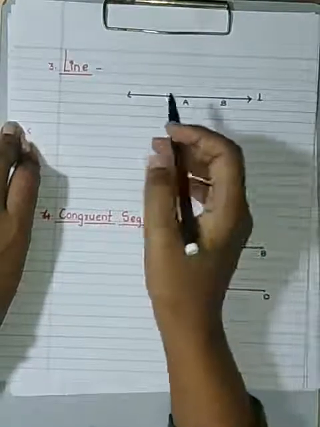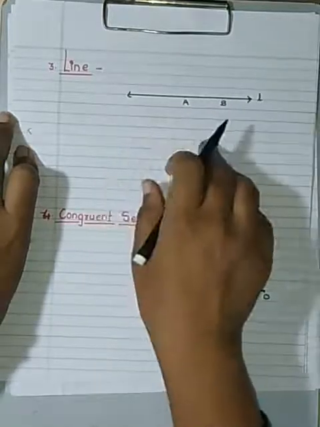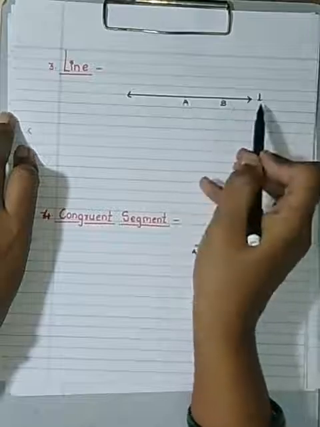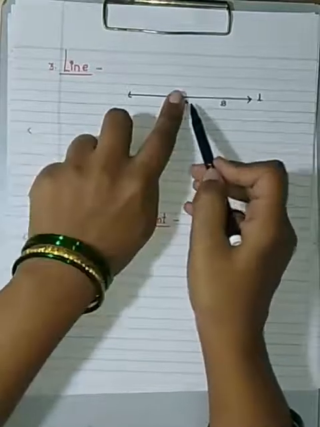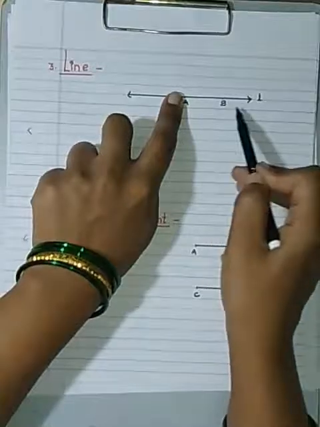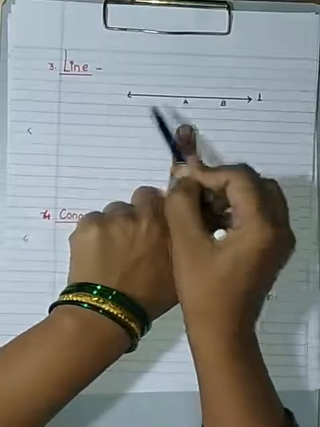Now in terms of sets, we can define a line as the union of all the points of ray AB and the ray opposite to ray AB. If you consider this point, it is moving in the direction of AB, and opposite to AB means this direction.